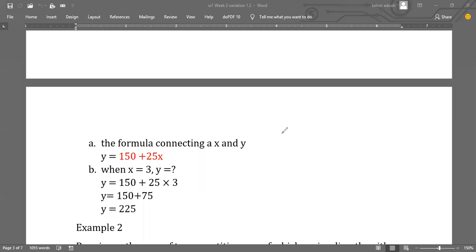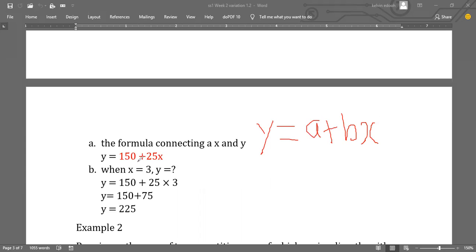We have this equation: y equals a plus bx. So you know your a now as 150.